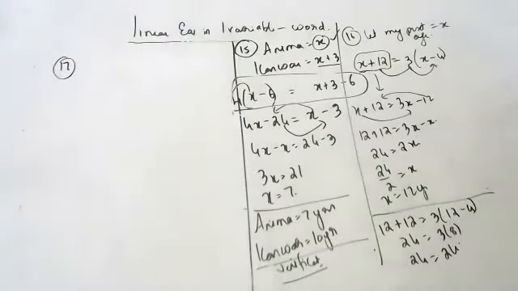My age is 4 times the difference of my age after 4 years and my age 3 years back.